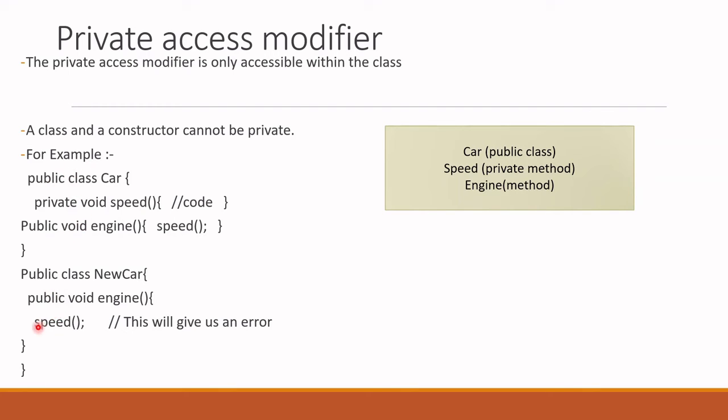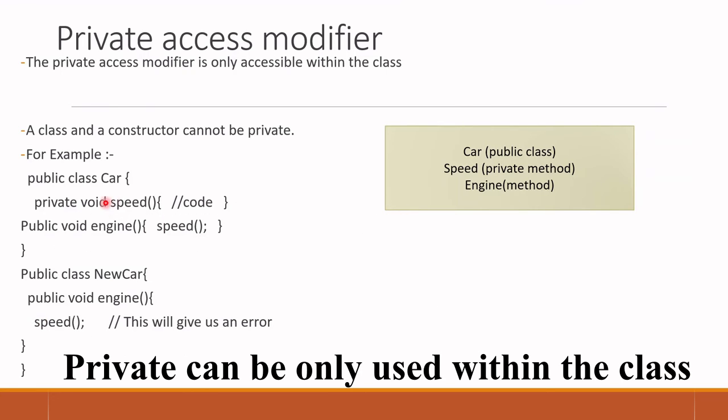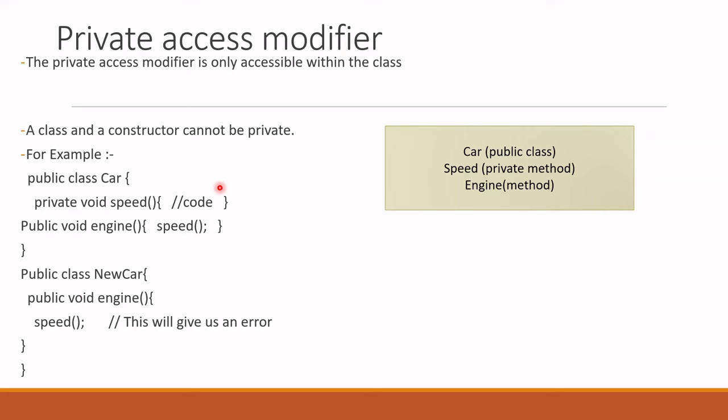Whereas if we access this speed private method from the other class, known as new car, it cannot be accessed. It will give an error. So when we use a private access modifier, that is only accessible within the class and not accessible outside the class.